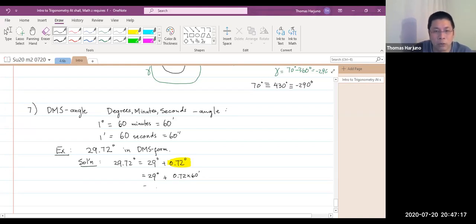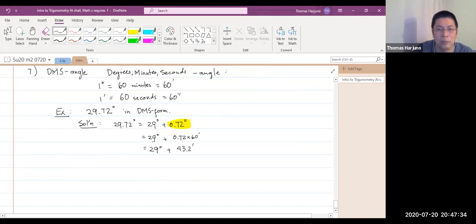So that will be 29 degrees plus 43.2 minutes. Now, I don't like that decimal in that minutes there. I break it further. This is 29 degrees plus 43 minutes plus 0.2 minutes.